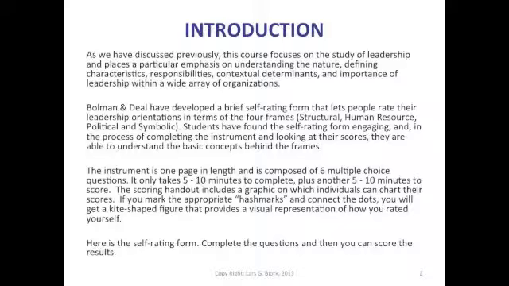Bolman and Deal have developed a brief self-rating form that lets people rate their leadership orientations in terms of the four frames: structural, human resource, political, and symbolic. Students have found the self-rating scale engaging, and in the process of completing the instrument and looking at their scores, they're able to understand the basic concepts behind the frames.